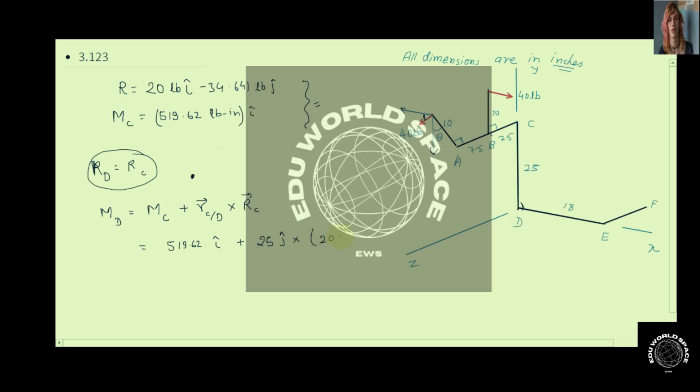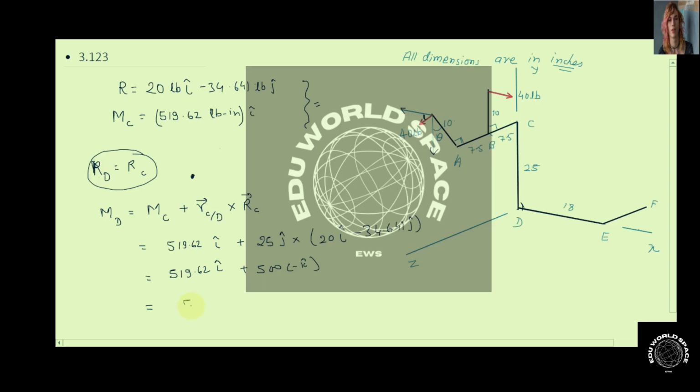R vector is 20 i cap minus 34.641 j cap. So this will be 519.62 i cap plus 25 j cap cross 20 i cap minus 34.641 j cap. 25 into 20 is 500, and j cap cross i cap will be minus k cap. J cross j will give zero, so it will have no effect.